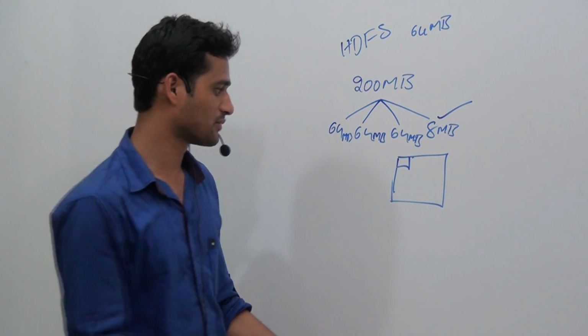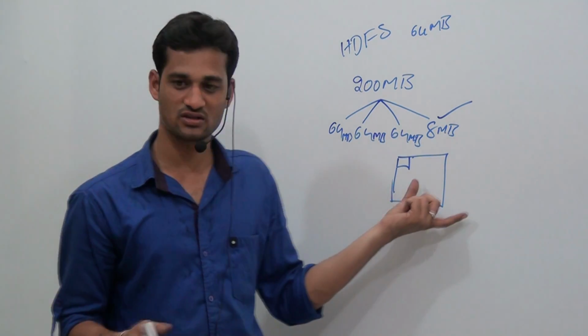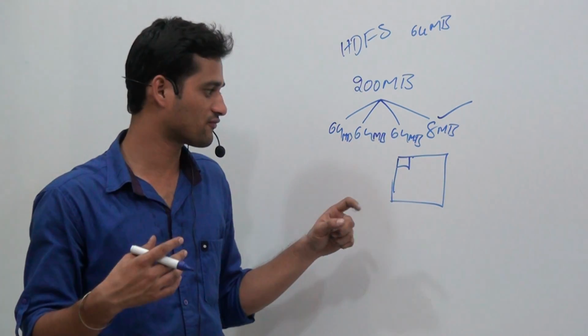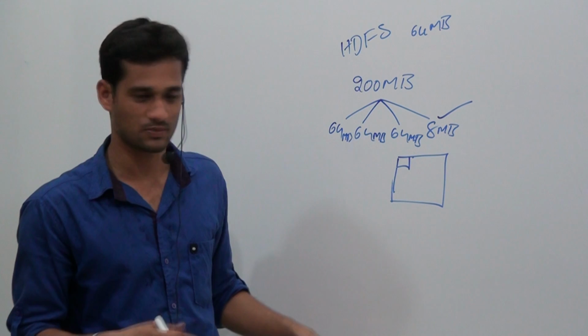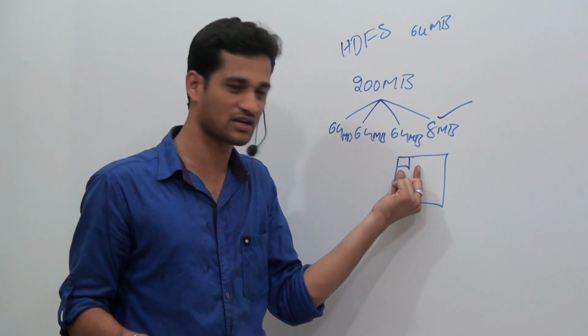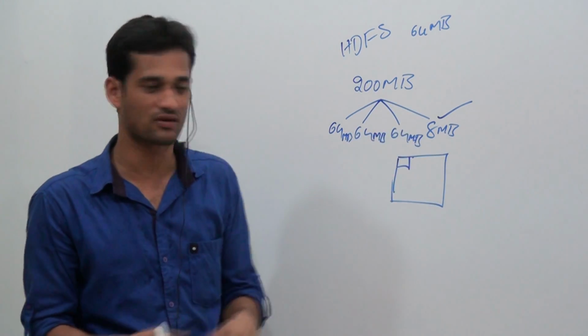The remaining space will not be wasted; it will be used for some other file. If we kept wasting this much space, it would take a huge amount of memory. So it takes just 8 MB of space, and the remaining 56 MB will be used for some other file.